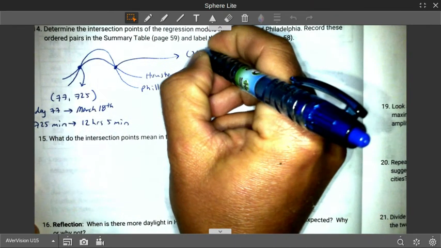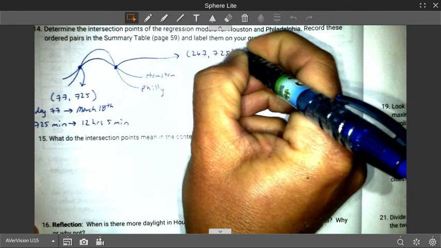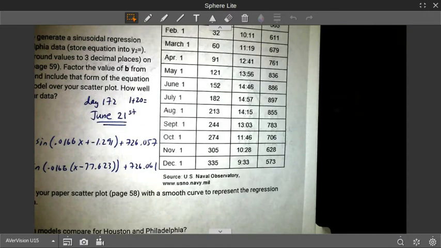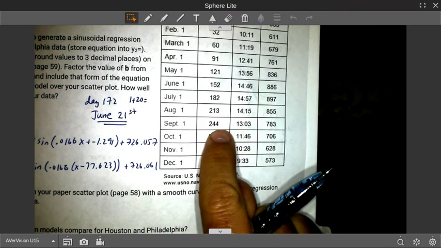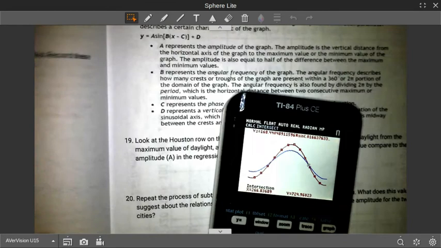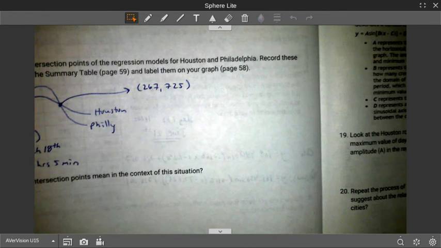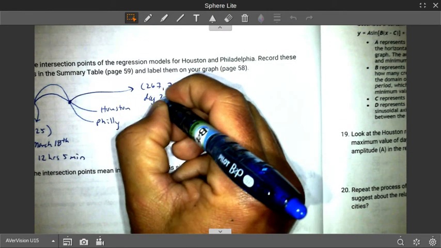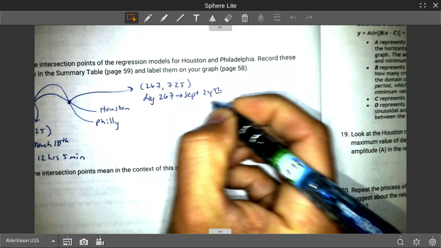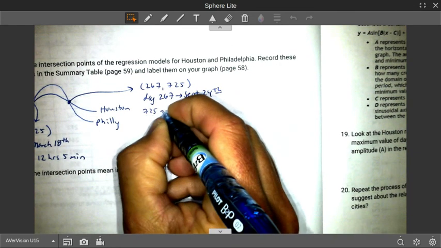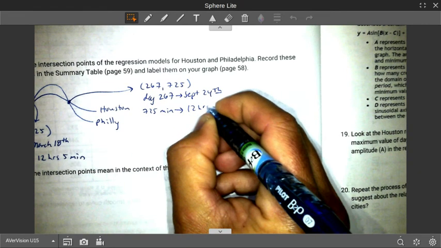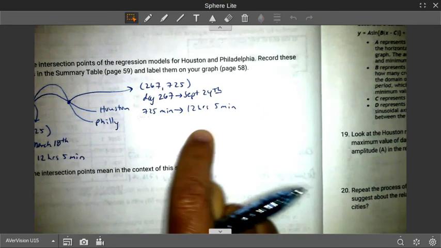So day 267, when we go back to our chart here, is about 23 days after September 1st. So day 267 is September 24th approximately. And that 725 minutes again tells us that there are about 12 hours and 5 minutes of daylight.